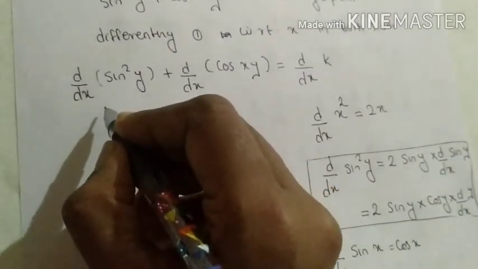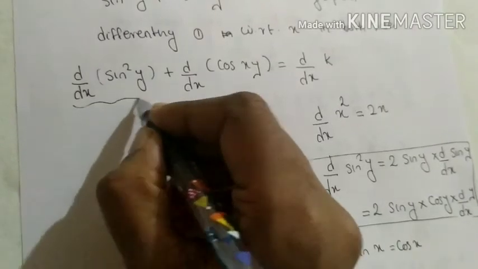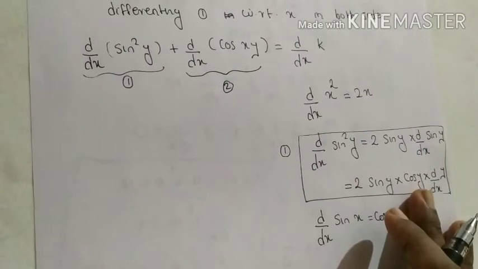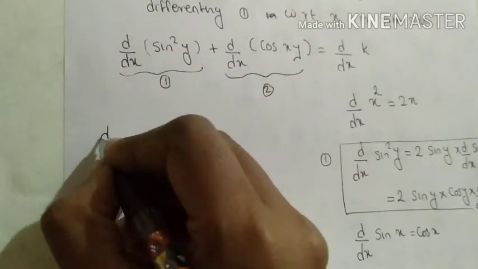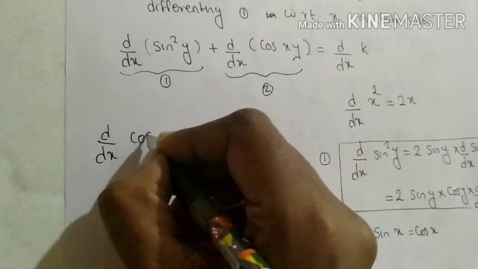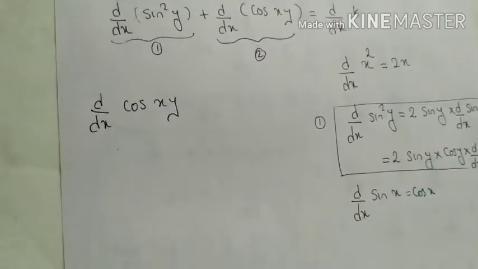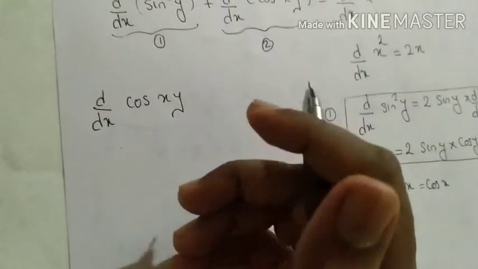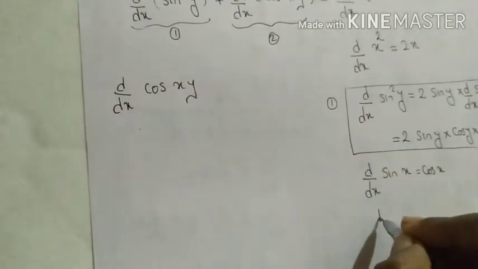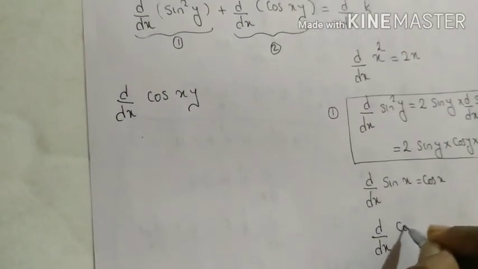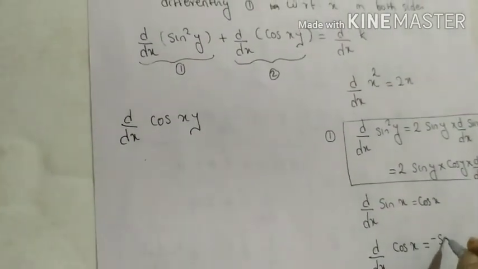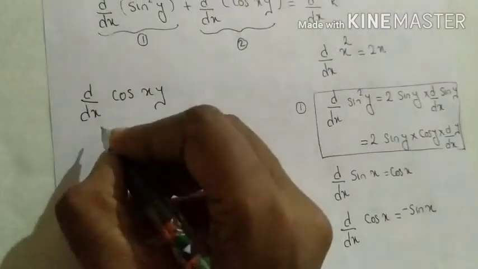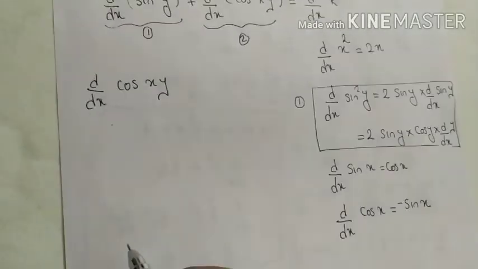So this will be the first term. The second term is the derivative of cos xy. We know that the standard form of the derivative of cos x is minus sine x. Here we need to find the derivative of cos xy.